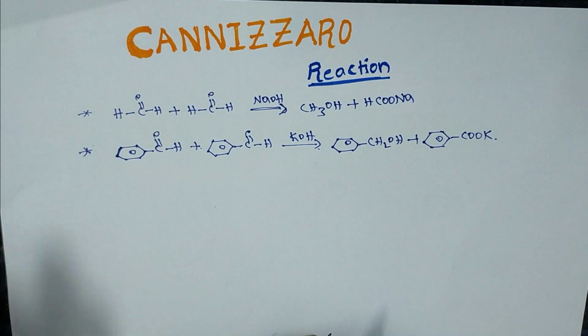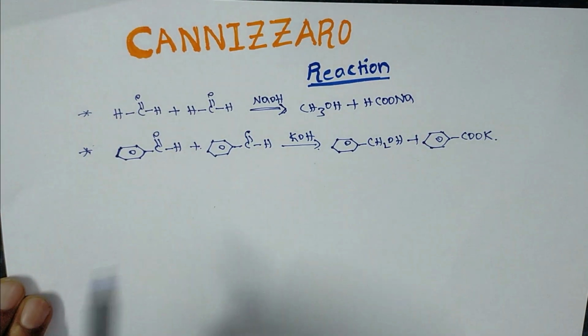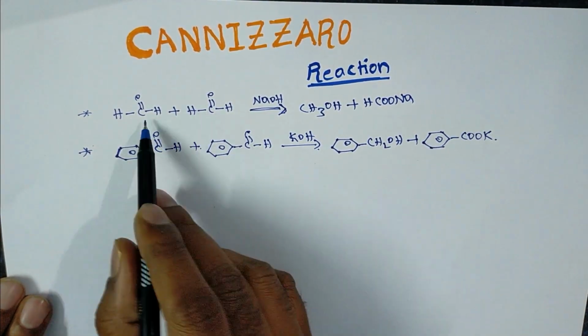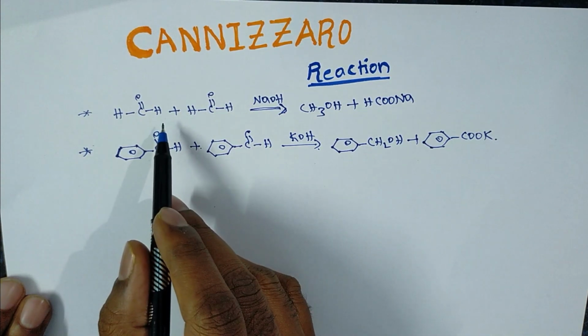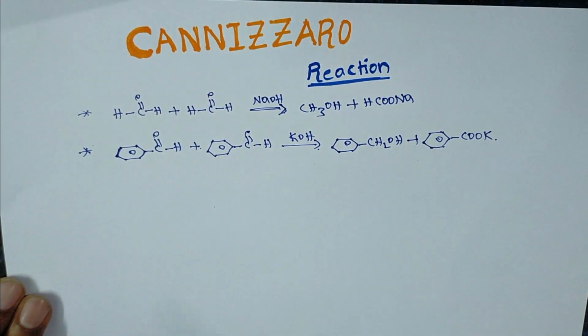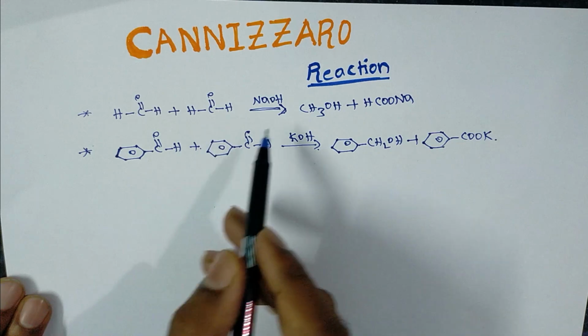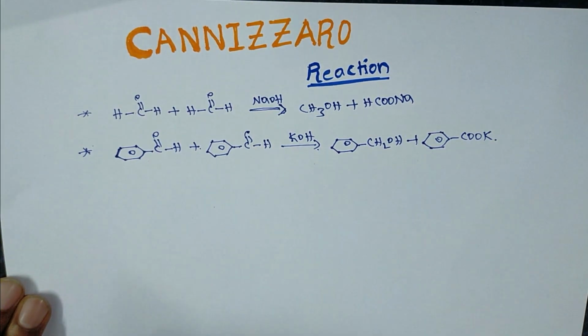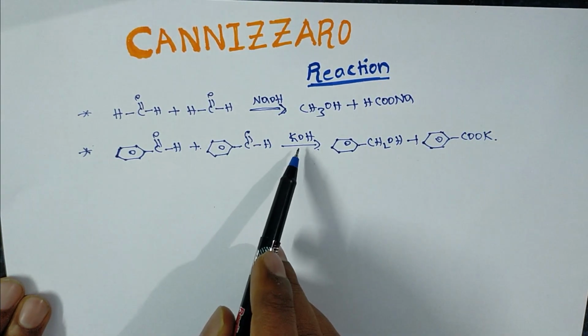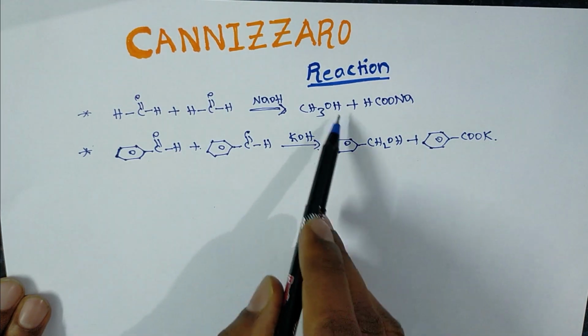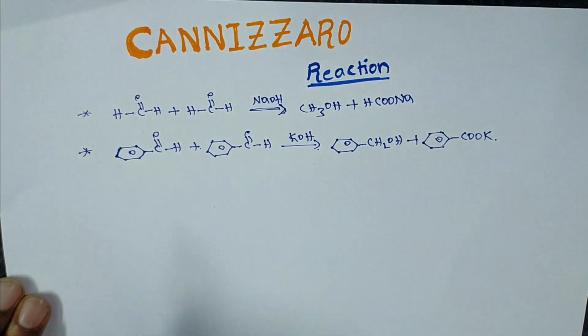Okay students, so once again, Cannizzaro reaction means aldehydes which do not have alpha hydrogens react with each other in the presence of a concentrated base like NaOH or KOH, so they convert into alcohol and acid salts.